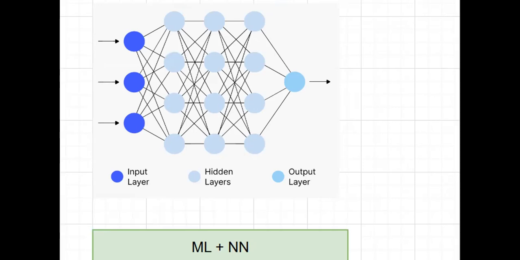If you are using this ML based model that you are creating with neural networks for text classification or regression, then that classification or regression logic you need to implement at this output layer.